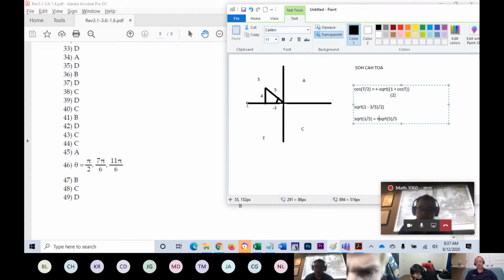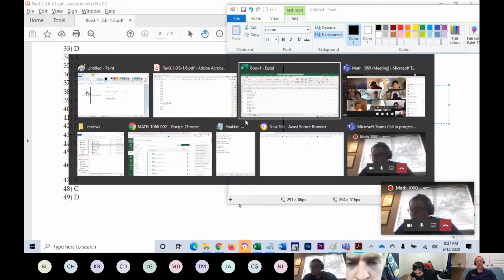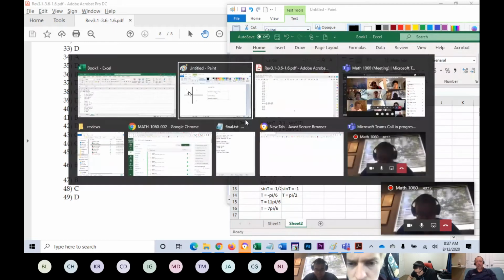Because sine of theta was -1/2, and sine is negative in quadrants 3 and 4, so it'd have to be in both of those. So it's a 30-degree angle here, 30-degree angle here, essentially. Okay. Perfect. Thanks. All right, what else you got?